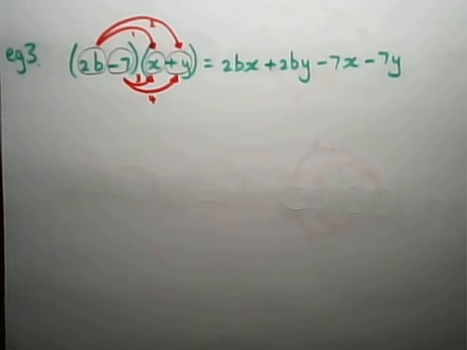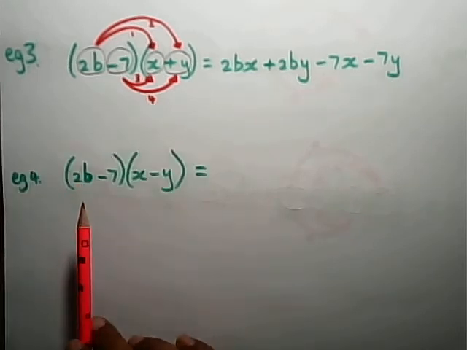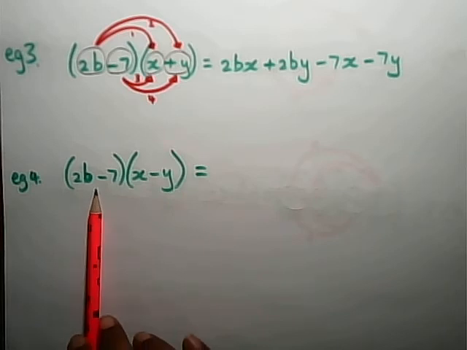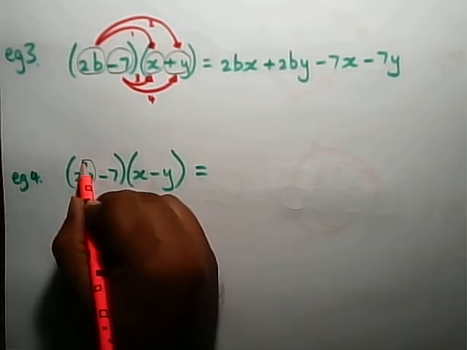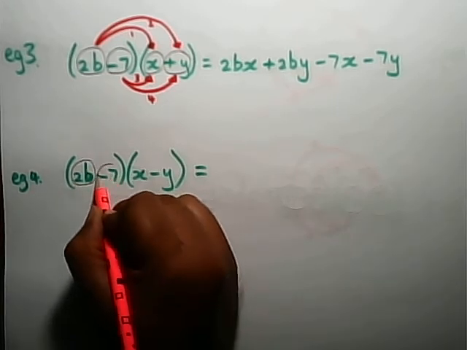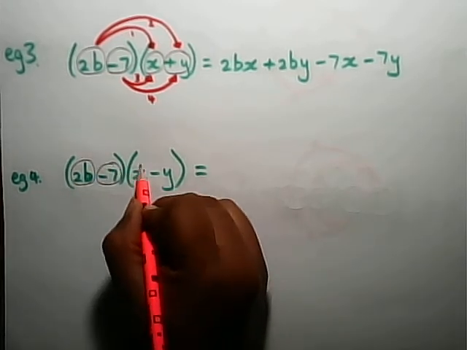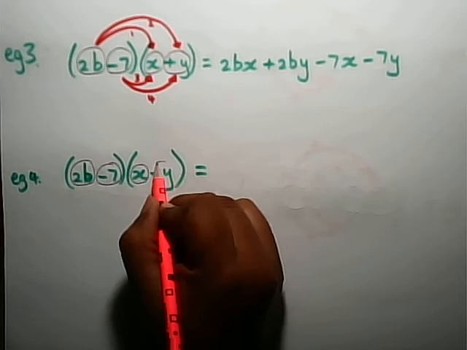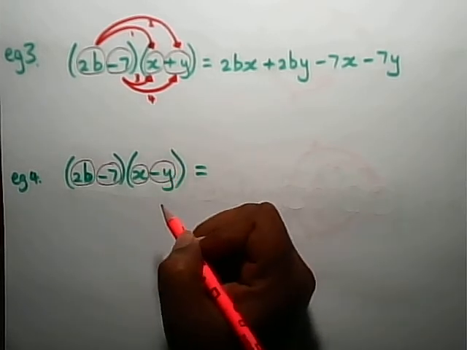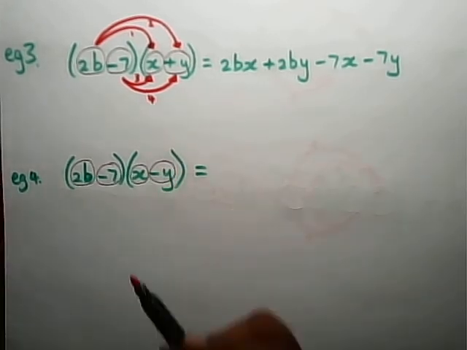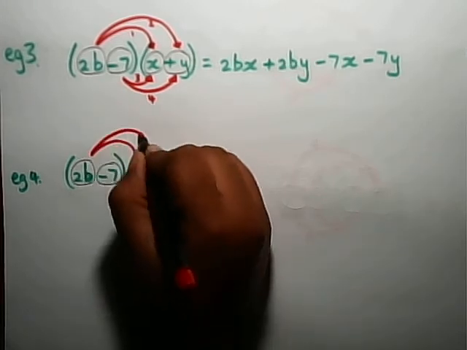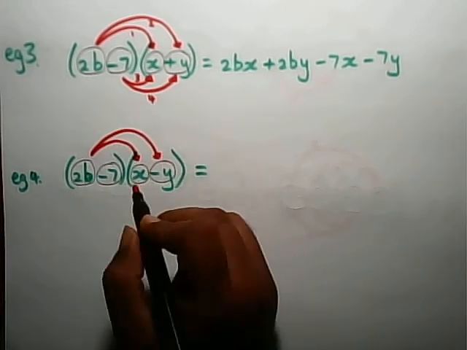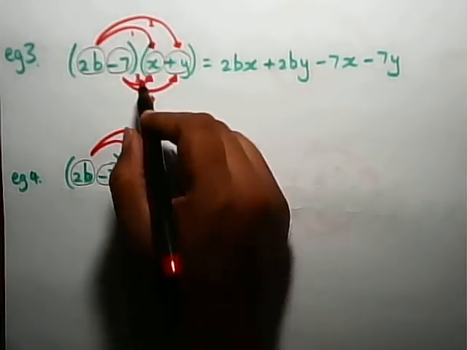We go on to example 4 now. Okay, here. What is going to happen now if both brackets have a negative sign in them? Well, let's circle our terms to be careful. And then we draw our curly arrows. If you want, you could leave out the 1, 2, 3, 4.